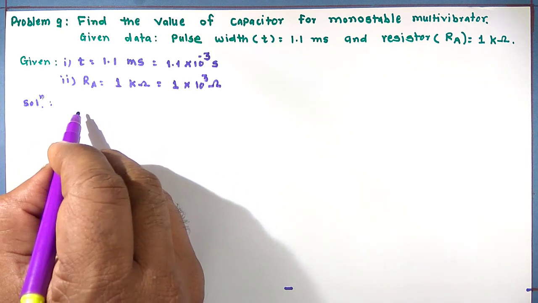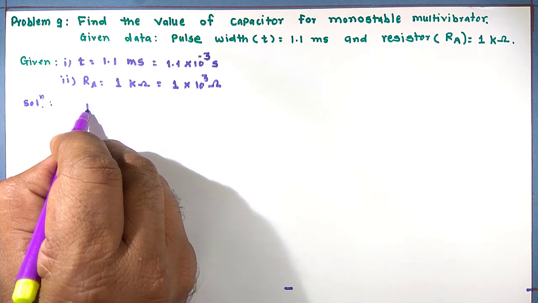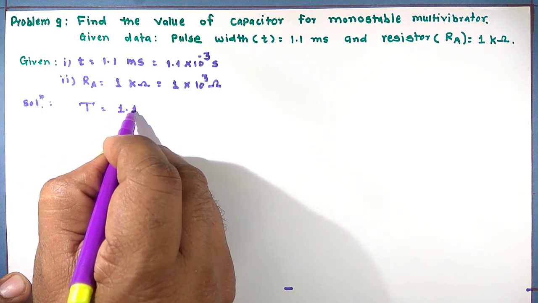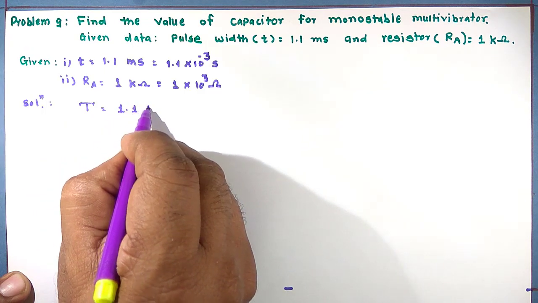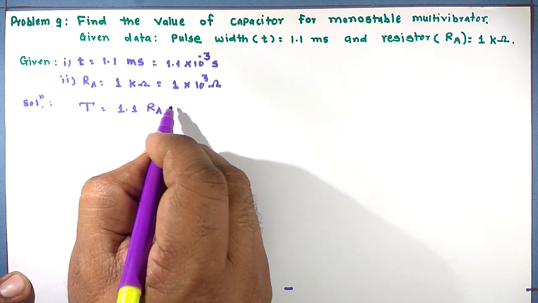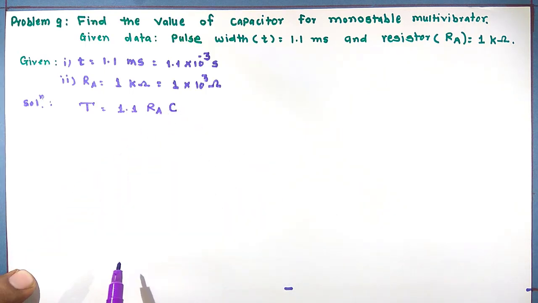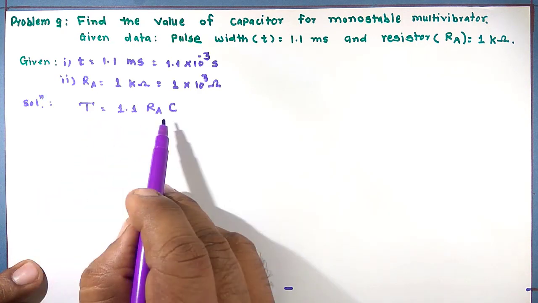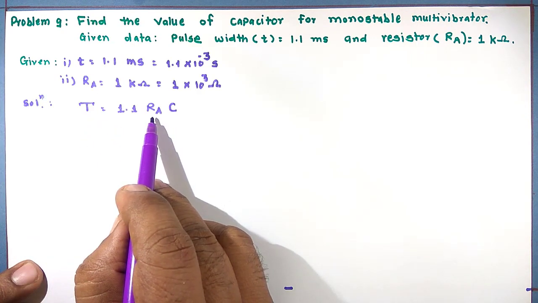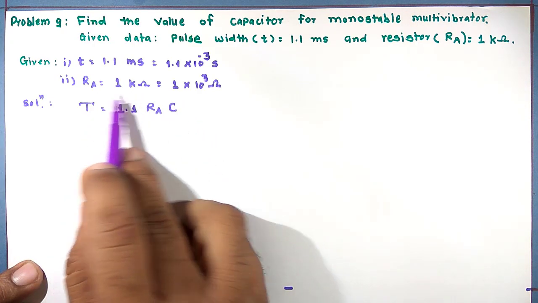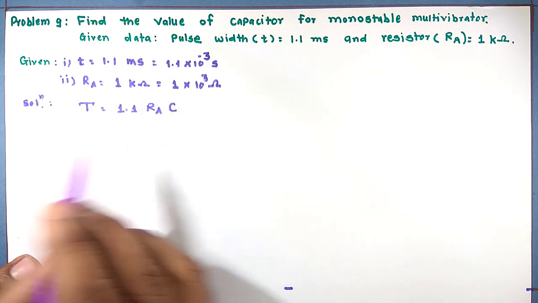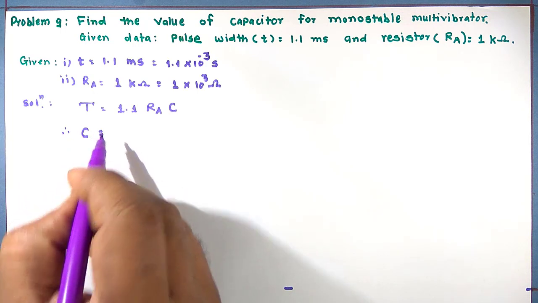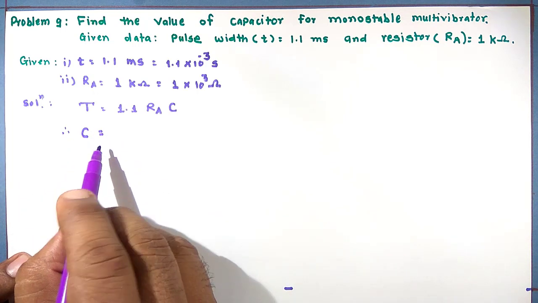In monostable multivibrator, pulse width T is given by the equation 1.1 into Ra into C. Here T is given and Ra is given, so we have to find the value of capacitor. Hence, let us write the equation for capacitance value.